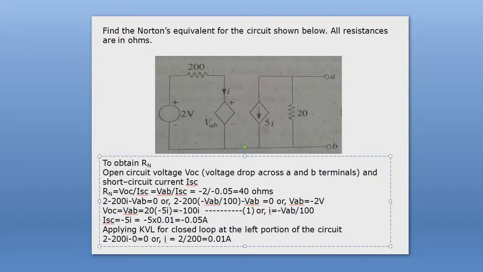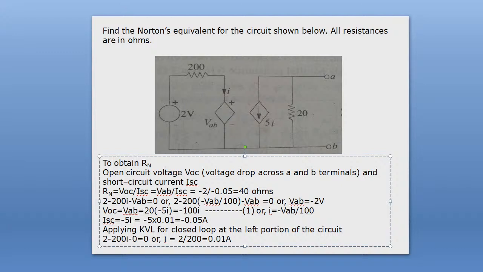For this case, you see that AB is the open circuit terminal. So the voltage drop across VAB is equal to the voltage drop across the 20 ohm resistance. We know that voltage drop across the 20 ohm resistance is nothing but the product of resistance 20 ohm and the current flowing through this resistance.